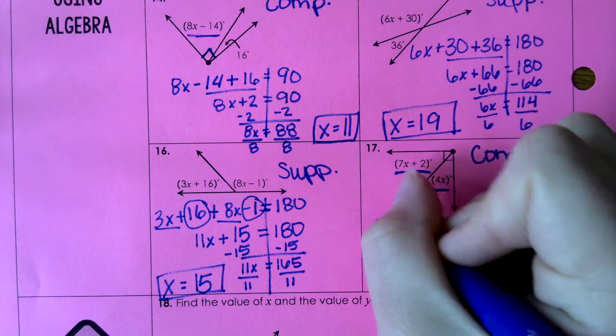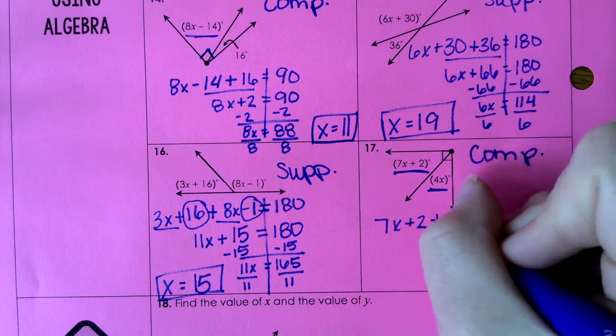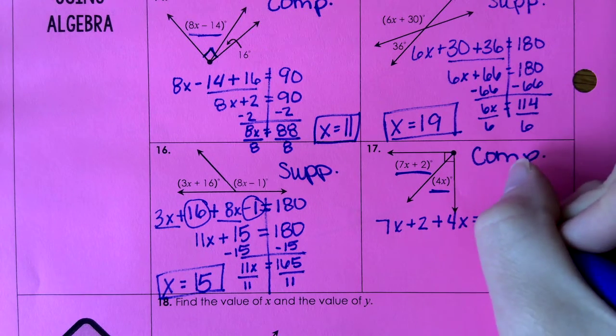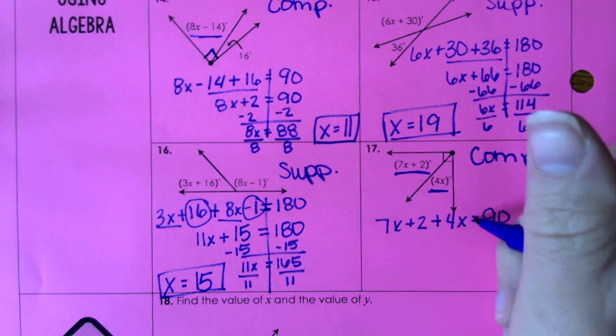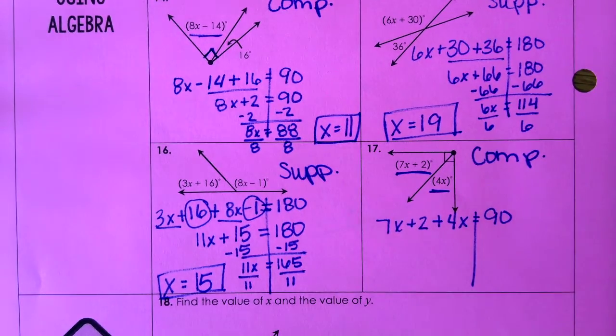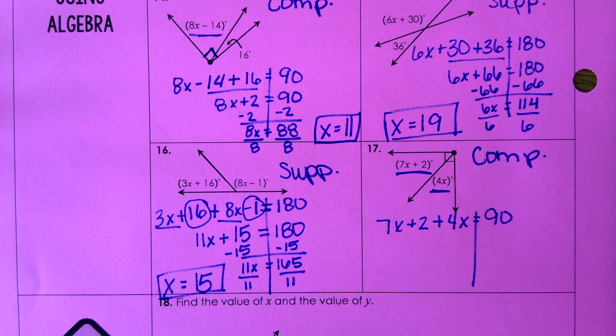Okay, so I'm going to have 7x plus 2 plus 4x. And what do they equal, Elias? 90. Equal 90. Okay, now what's my next step, Elias? Subtract. Okay, what do I have to do before that even? What am I combining?